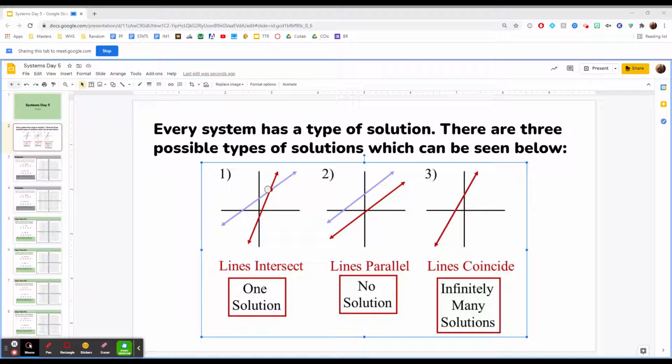When the two lines are on top of each other, that means that they coincide. They have many solutions.